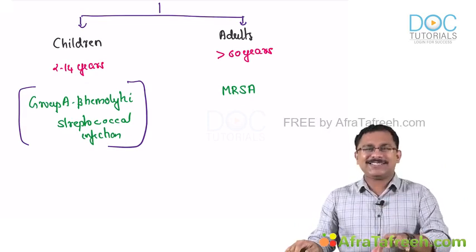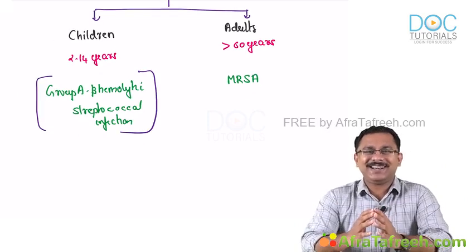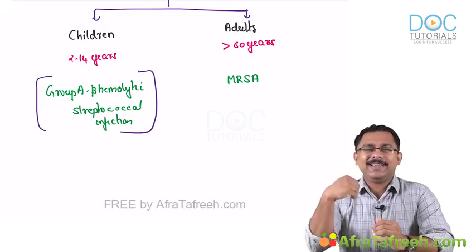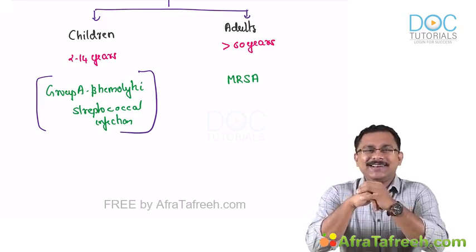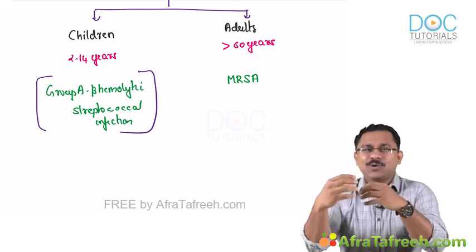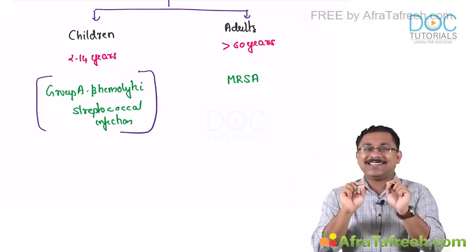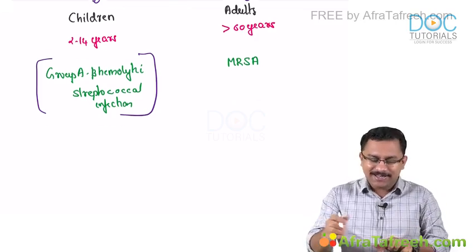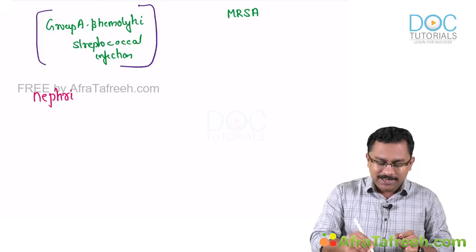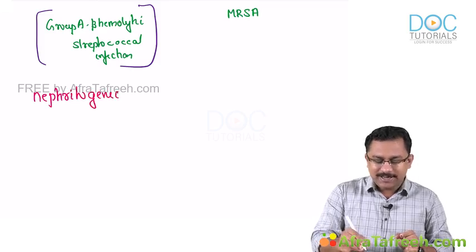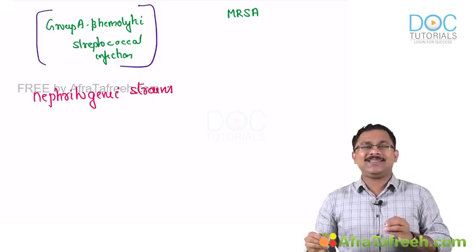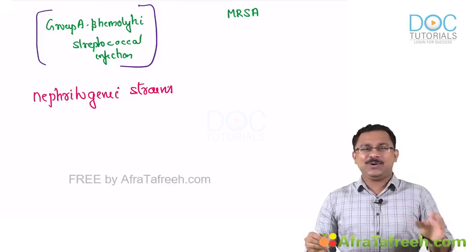My first question to you is, I'm sure you would have learned in your microbiology lessons regarding streptococci. Does every strain of streptococci cause post streptococcal glomerulonephritis? The answer is no. You have certain nephrogenic strains of group A beta hemolytic streptococci which are associated with infection related glomerulonephritis.